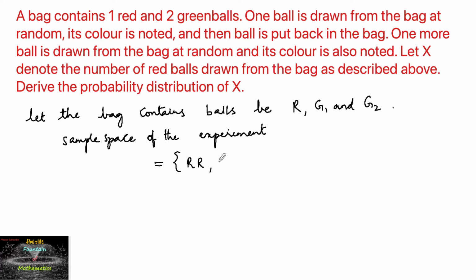And the other possibility we can take is red and either G1, or R and G2. We can go with G1 first, then red, or we can go with G2 then red, or first G1 and then G2, or first G2 and then G1.